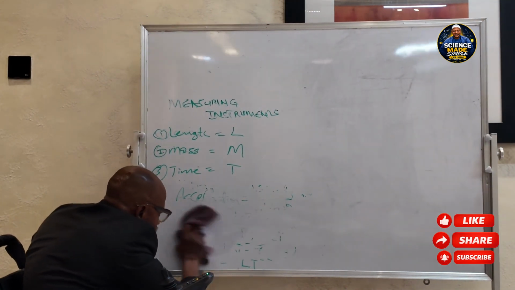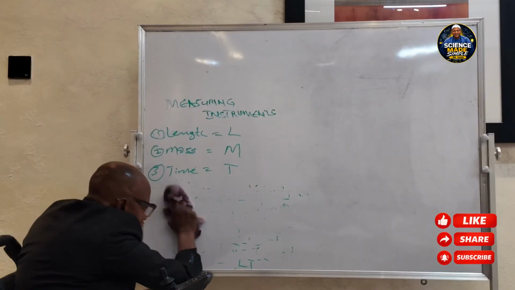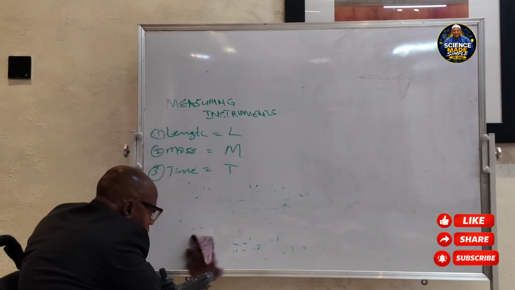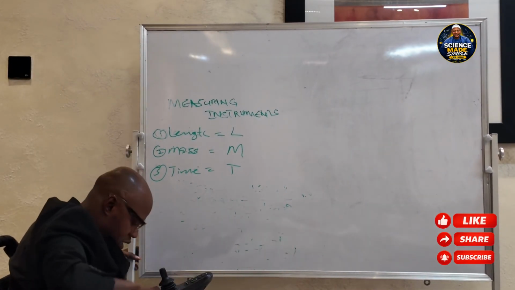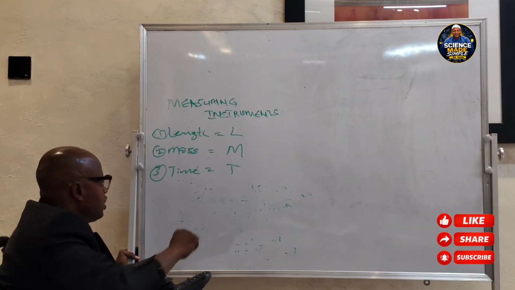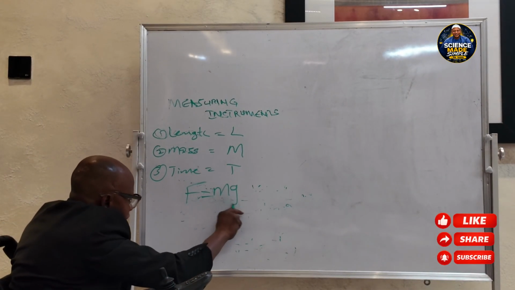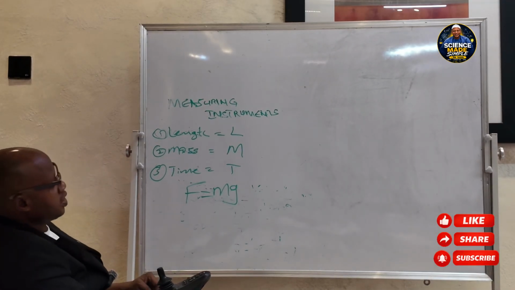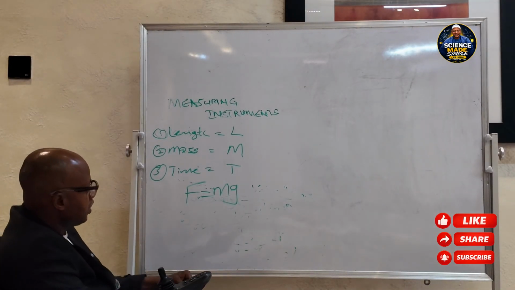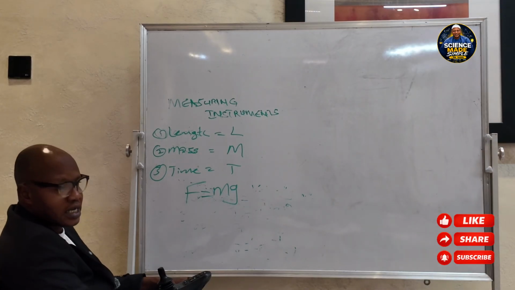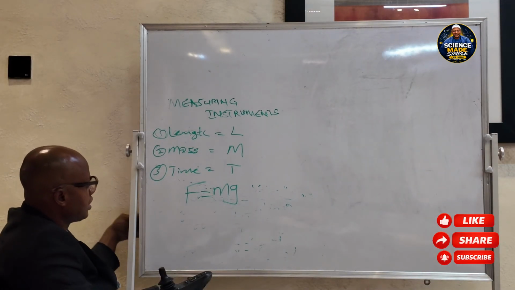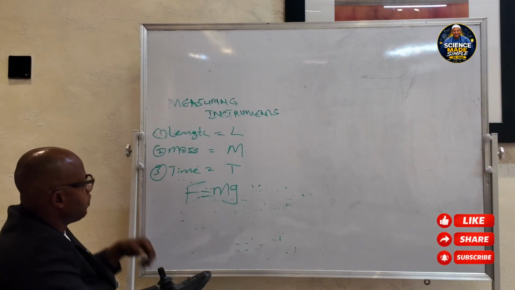Another quantity you want to look at is force. I told you that force is the effect of the acceleration due to gravity on the object. That is the force acting on an object as a sort of gravitational pull of the earth. We have our F to be mg.